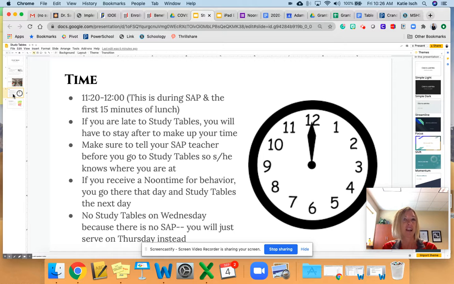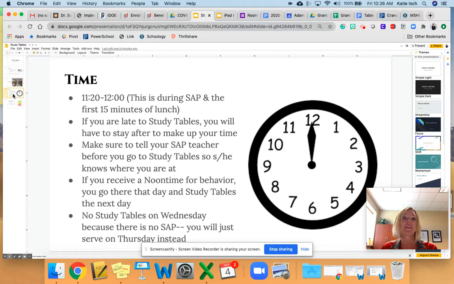Make sure you tell your SAP teacher before you go because they're taking attendance and they're not sure where you're at. So just make sure you stop by there and say, hey, I'm going to study tables, so that they know where you're at and they can take attendance correctly. Also, say it's just a really bad day for you and you got a behavior noontime because you misbehaved, and then you also got a study table because you didn't get homework done. Bad day.